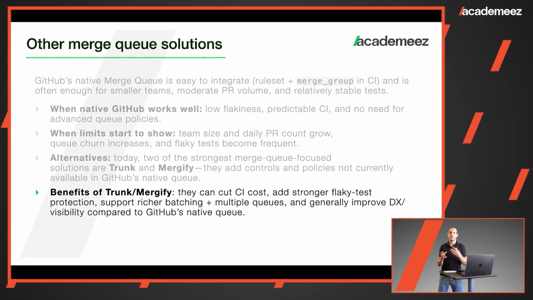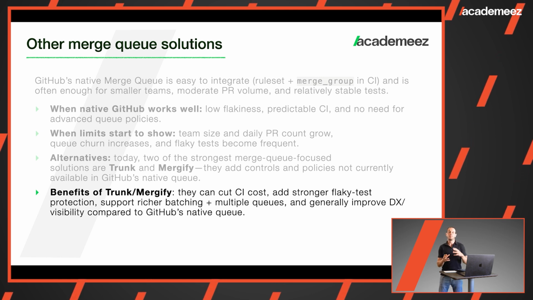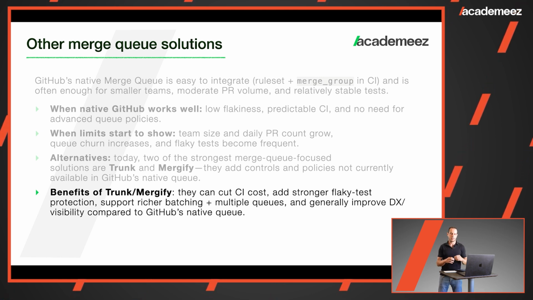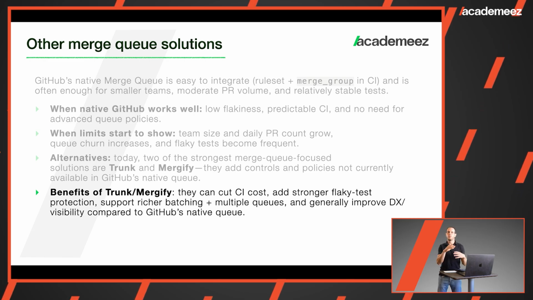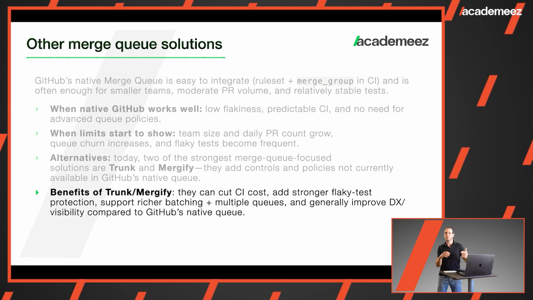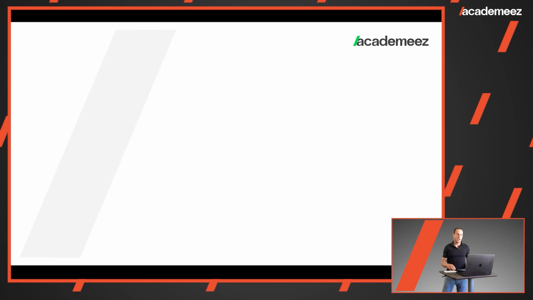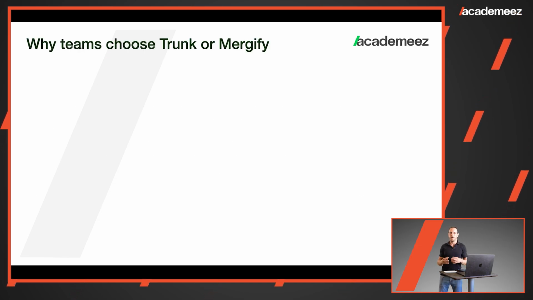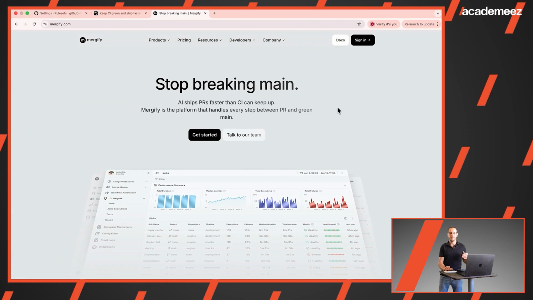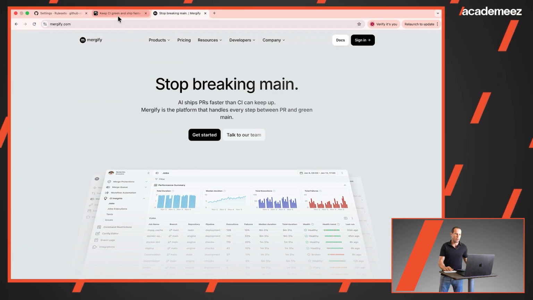You can quarantine them, or maybe be more forgiving of them. It might save you CI cost from all those PRs thrown from the merge queue and the reruns of the merge group that need to be created to run the checks again. So choosing Trunk or Mergify can actually save you some money by saving you CI cost.